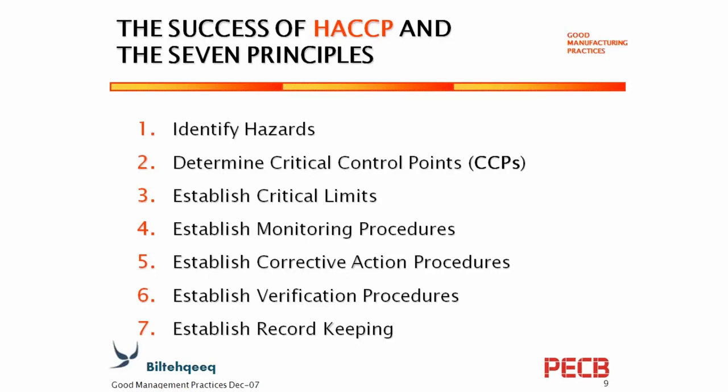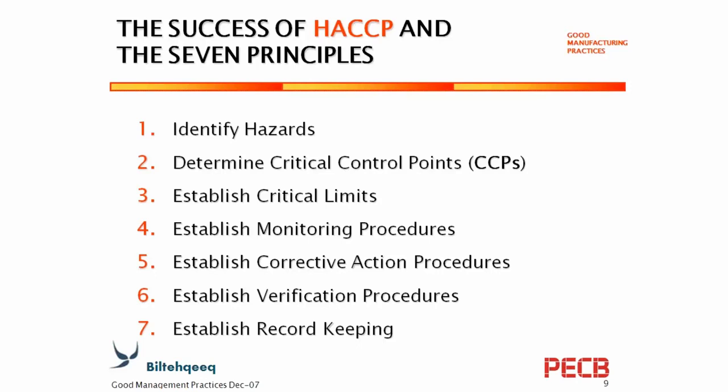And then establishing a monitoring procedure. You have to develop a monitoring procedure to monitor the limits of these hazards, whether they are going beyond the acceptable limit or are within the acceptable limits. And then you have to establish the corrective action procedure.